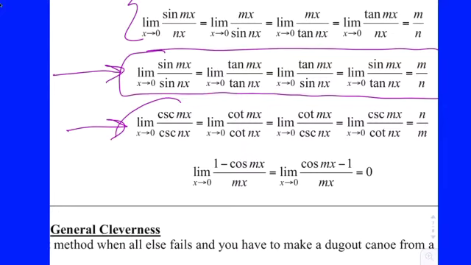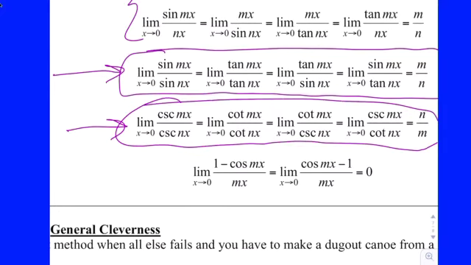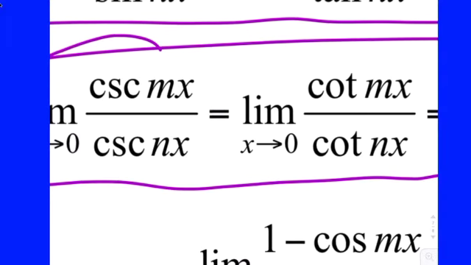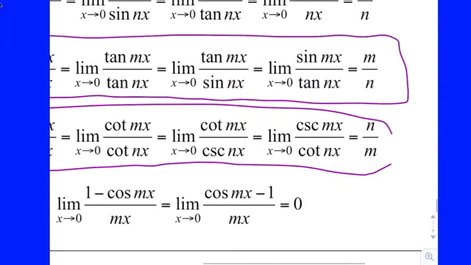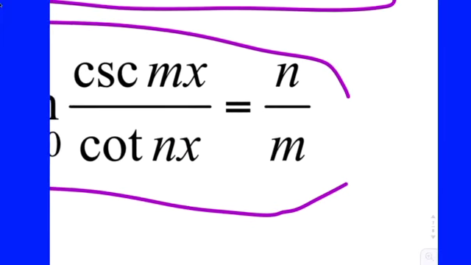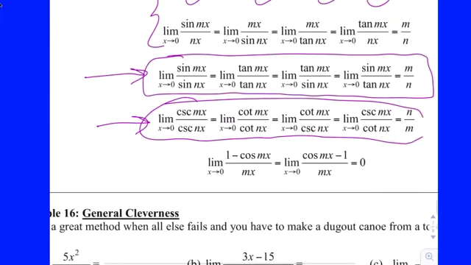So if you have any combination of cosecants and cotangents instead of sines and tangents, it's not going to be m over n as you visually see it in the problem, but rather it's going to be the reciprocal, n over m. And now we know why. So those are the same if you know the reciprocal identities.